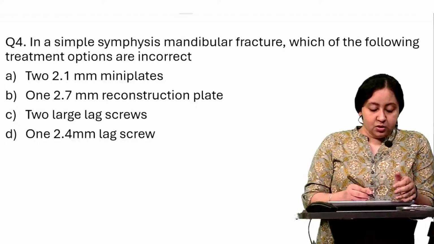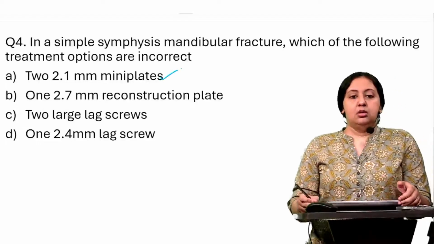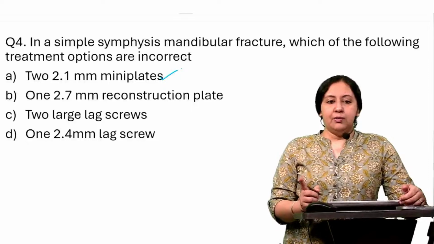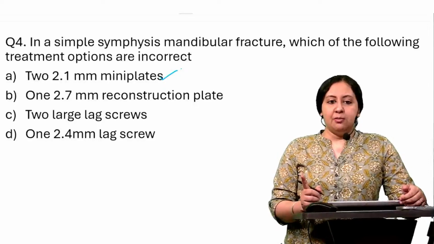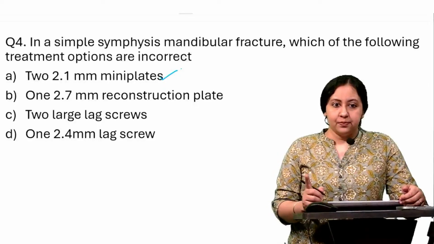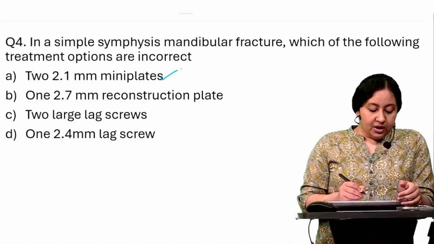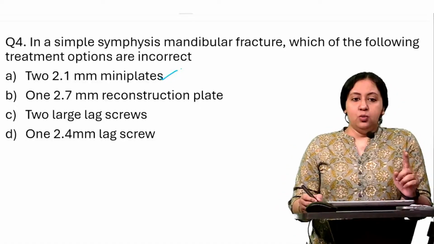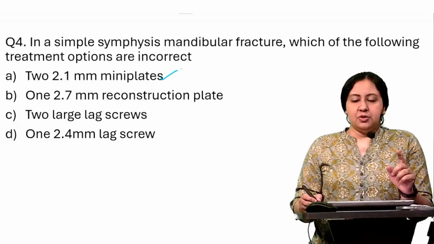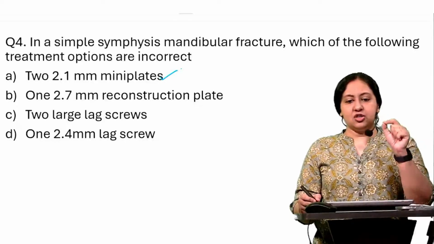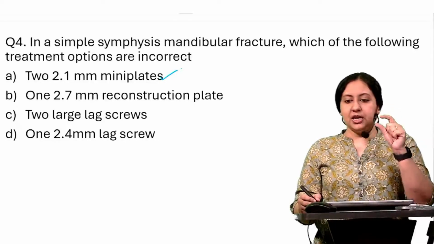Alright, so 2.1 mm mini plates is correct. The second option says 2.7 mm reconstruction plate. Now a 2.7 mm reconstruction plate is a thick, robust plate.